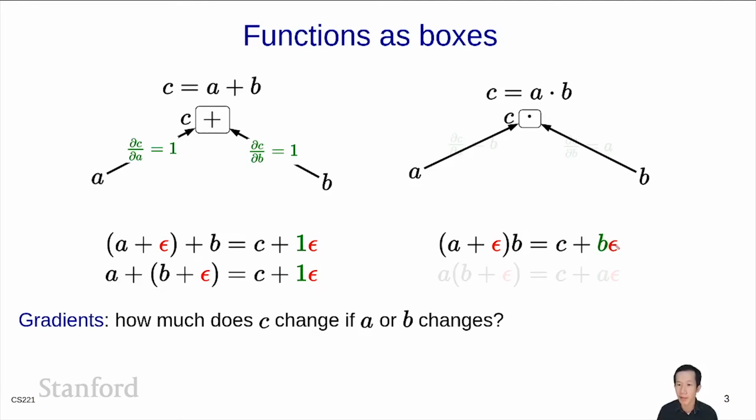So the gradient of c with respect to a is b. Analogously, we add noise to b, and we see that the contribution to the output c is a times epsilon. So the gradient here is a. This all should be kind of familiar: I've just cast the sum and product rules for differentiation in graphical form.